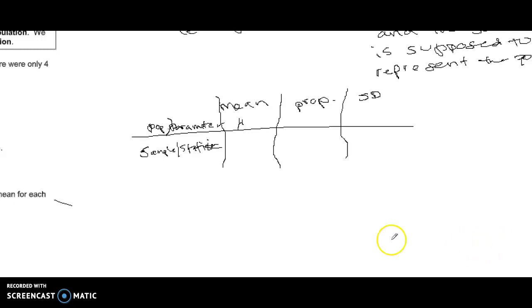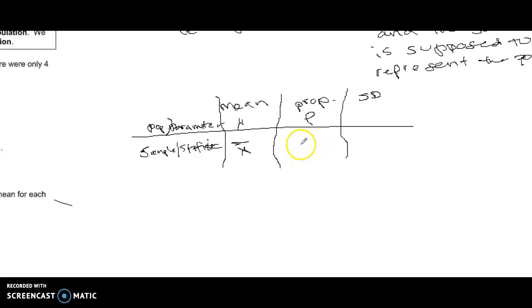I'm also going to try to find a better platform, but I wanted to get started right away. So hopefully I should be better at drawing things. Then for the proportion, for the population, it's just P. So the proportion of students at Bryan Station who are seniors is something like 250 out of 1,000.